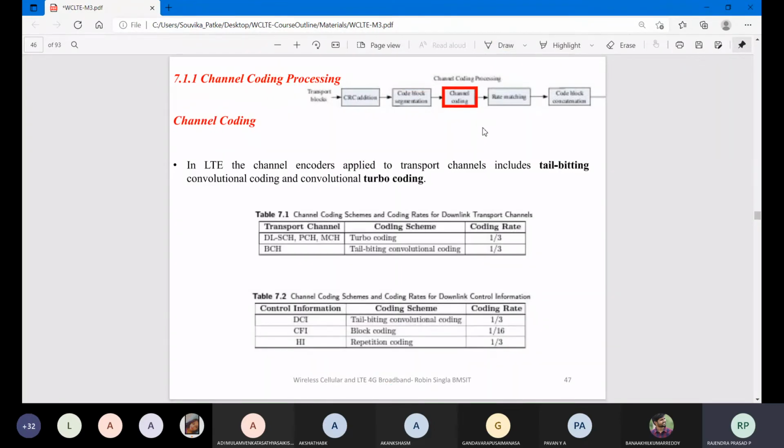Next is channel coding. You should know what type of channel processing it will take and what coding rate it is going to have. Here we are going for tail-biting convolutional coding and convolutional turbo coding. Again, this relates to the ITC we had done with convolutional coding.